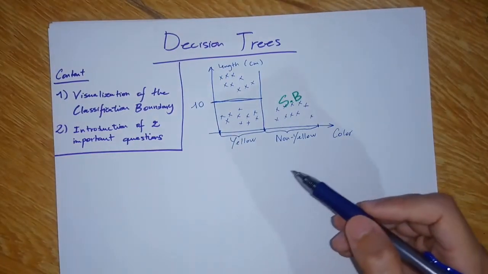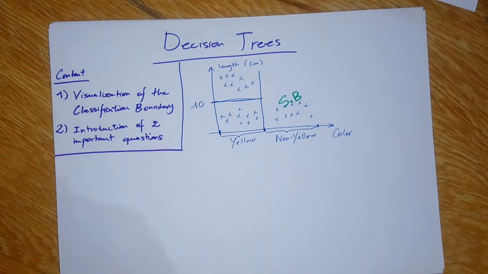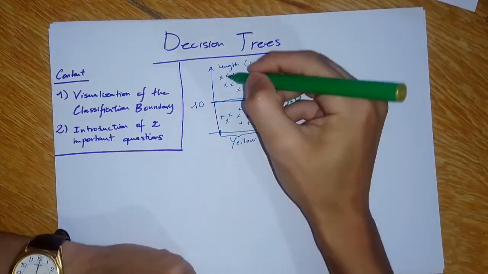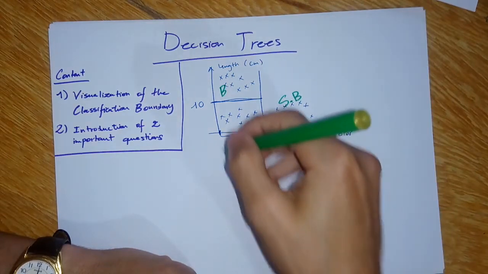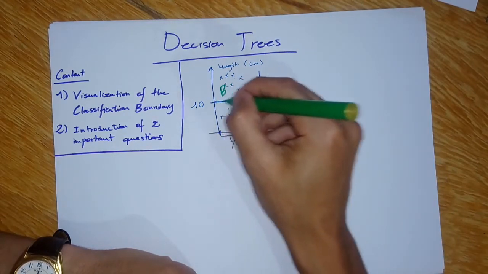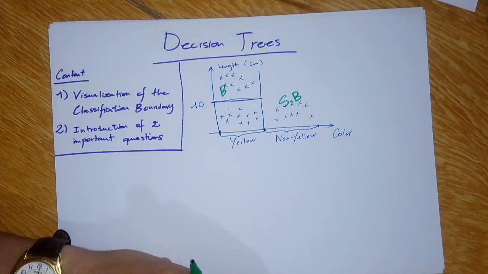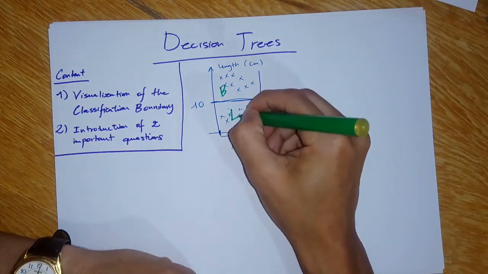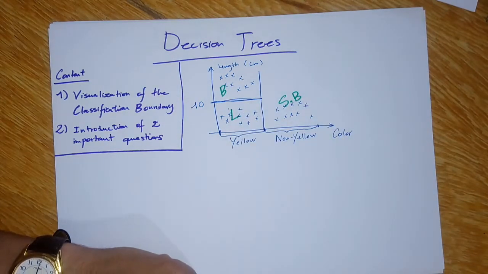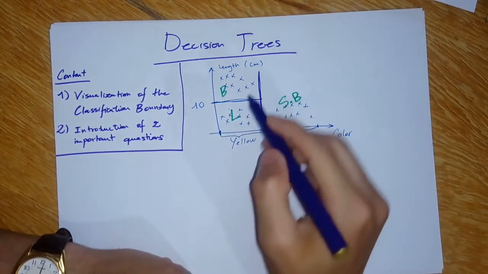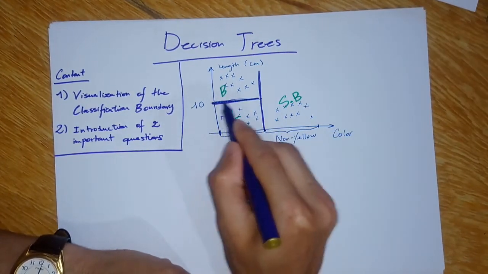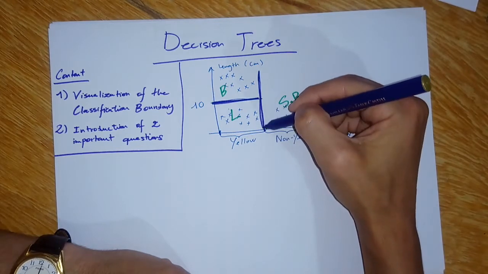So all the samples that are here are bananas, and all the samples that are below this boundary are lemons. So this is my final boundary. This is the decision tree's boundary that is formed to separate my data points.